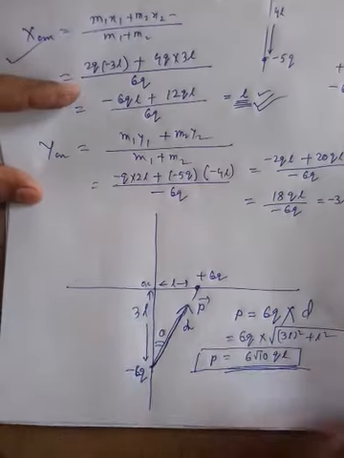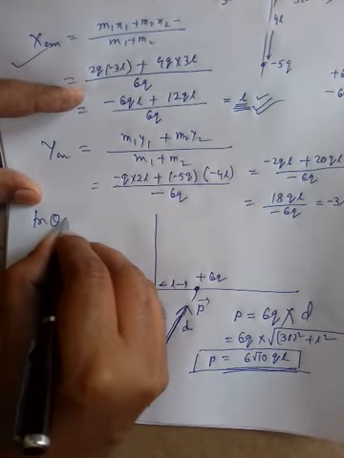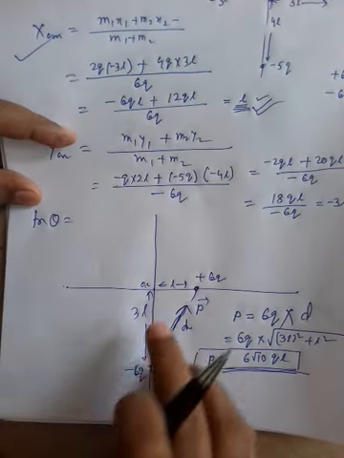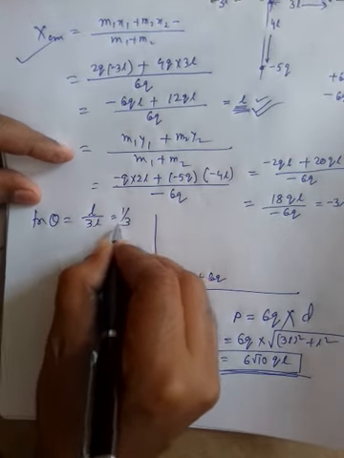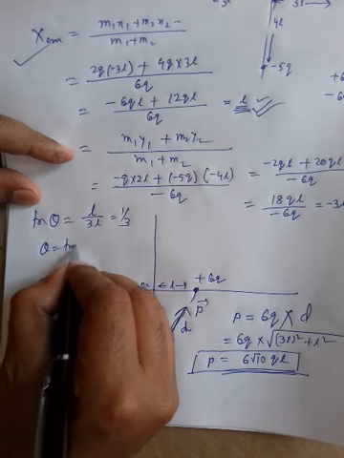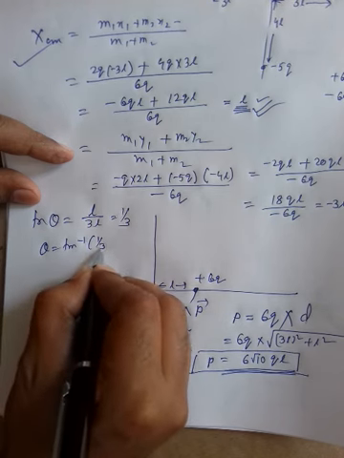I am writing from the figure what tan theta is. Tan theta is perpendicular by base, meaning L by 3L, so 1 by 3. So theta equals tan inverse of 1 by 3.